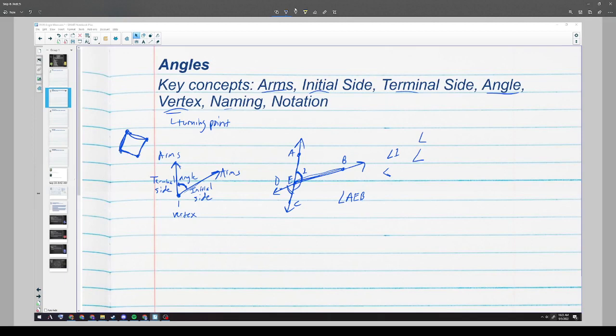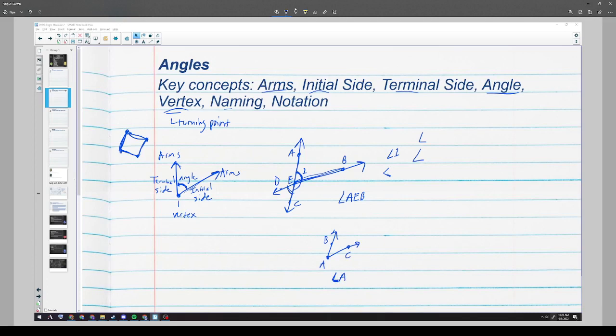There is a special case if there's not multiple angles at a vertex. So if I have something like this, and this is A, B, C, we just talked about I could name this angle BAC or CAB. But if there's only one angle at a vertex, I can also just call this one angle A, because it's obvious there's only one angle I could be talking about.